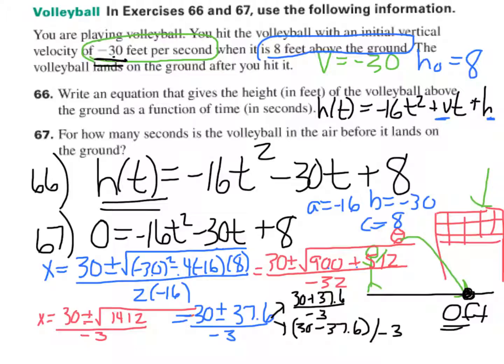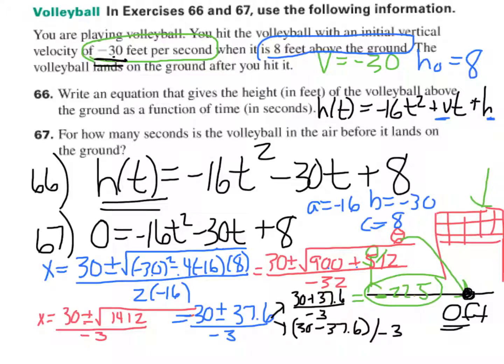When you simplify the top answer, it's going to be 67.6 divided by negative 32, which will get us a negative 2.1 seconds, which is backwards in time, so that's not going to make sense. So let's look at the next one. Here we're going to take 30 minus the 37.6, which is going to give us negative 7.6.